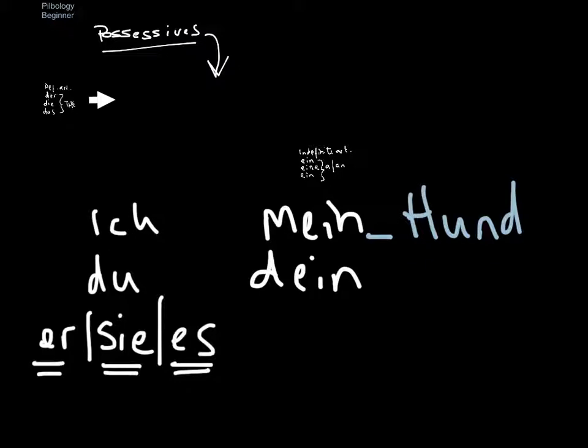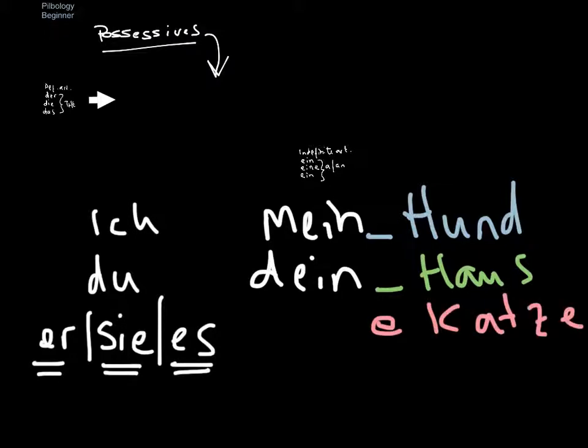No ending change also applies, for example, if I said, das ist dein Haus. And obviously the only change occurs when you would stick an E on the end if you wanted to say, for example, Katze. Das ist meine Katze, das ist deine Katze.